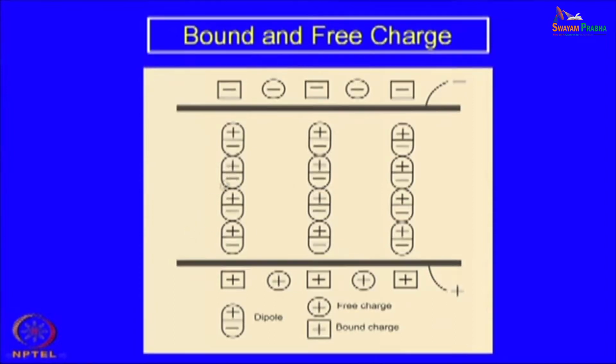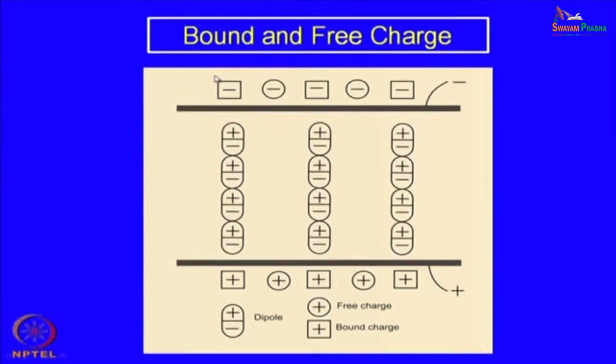So, these are the charges available within the insulator, in between the two electrodes, we have some charges already present in the material. They get reorganized when we apply an electric field. So, we have two types of charges.